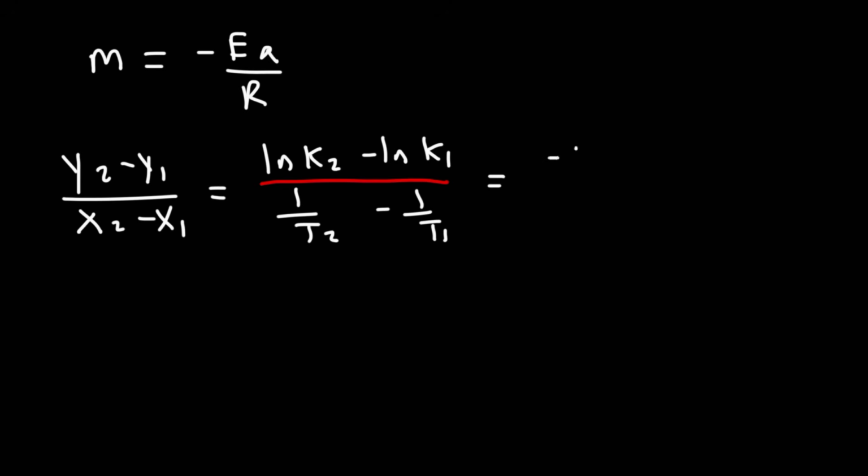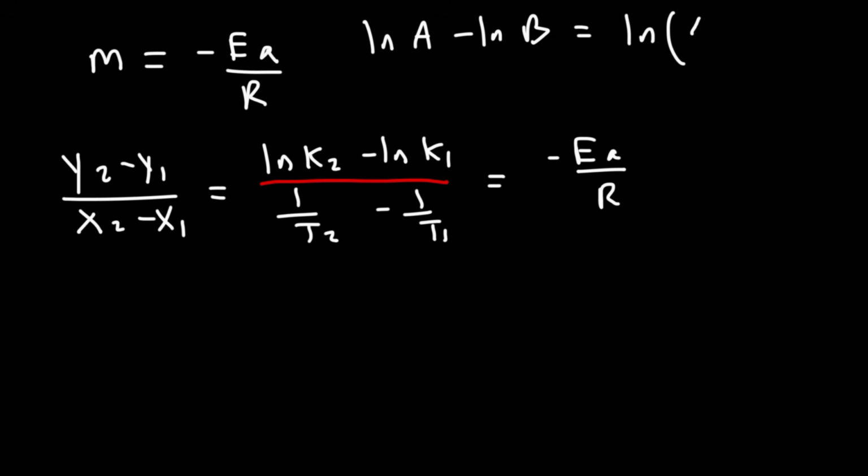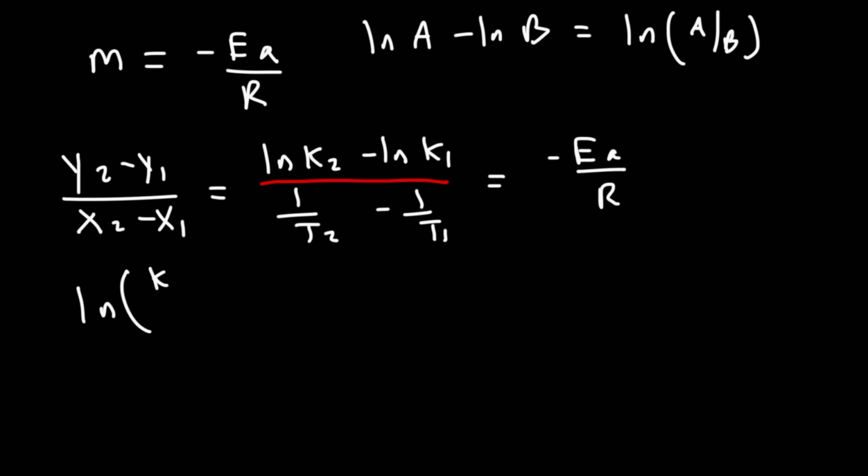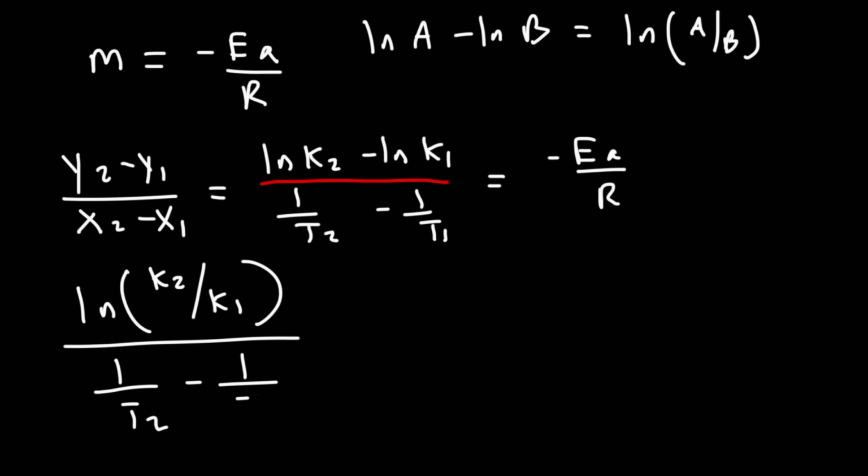So that's going to equal negative Ea over R. Now let's say we have ln A minus ln B. Using the property of natural logs, we can convert this into a single log expression by writing it like this, ln A over B. So we can write this as a single log expression as well. We could say that that's ln k2 over k1, divided by 1 over T2 minus 1 over T1. And that equals negative Ea over R.